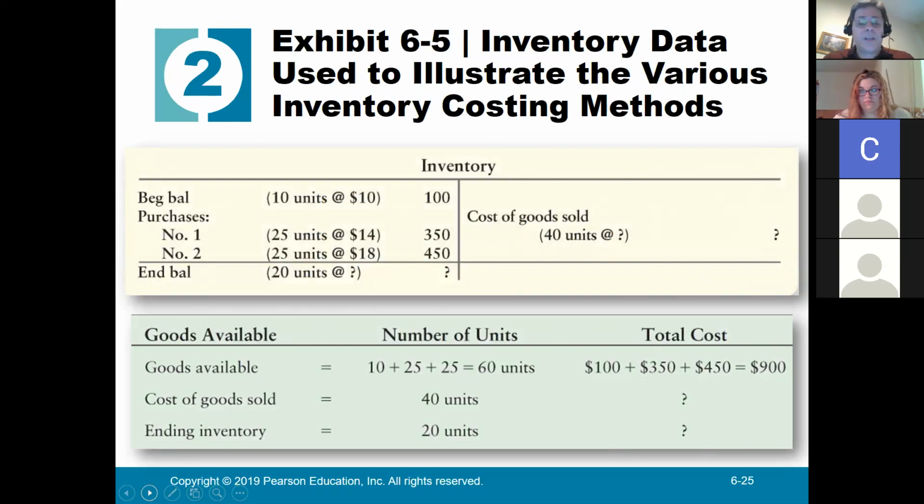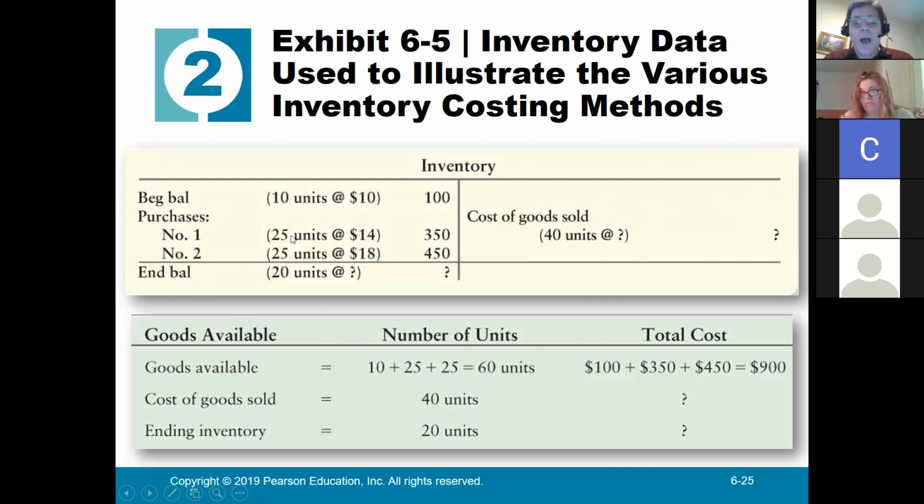So this is the example that we're going to use to illustrate the various ways that we do this. We had 10 units to start. We made 2 purchases, and notice we have different costs for each purchase.